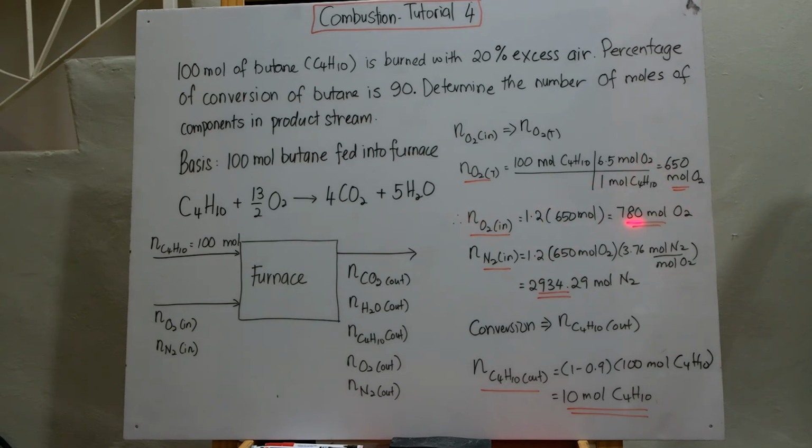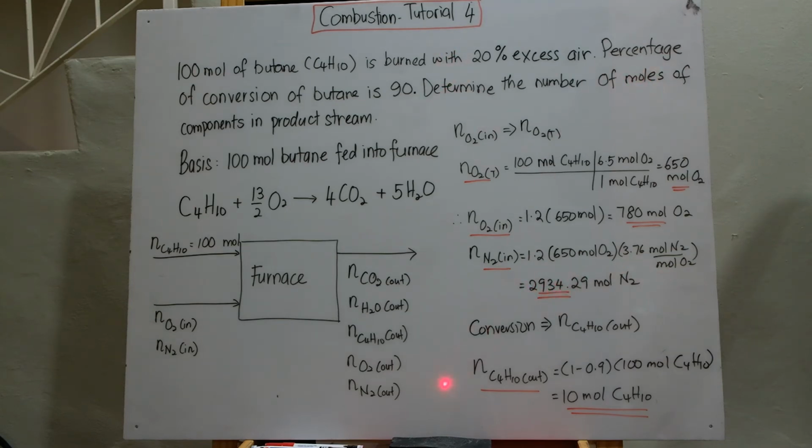From this, you can obtain the number of moles of nitrogen, because you use this information times the relationship between nitrogen and O2, so you get the number of moles of nitrogen. This is nitrogen in. Nitrogen in will equal nitrogen out, because it does not react.